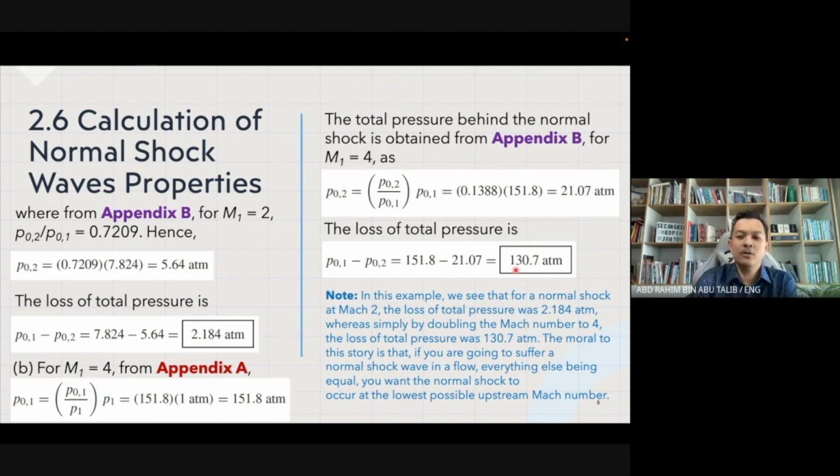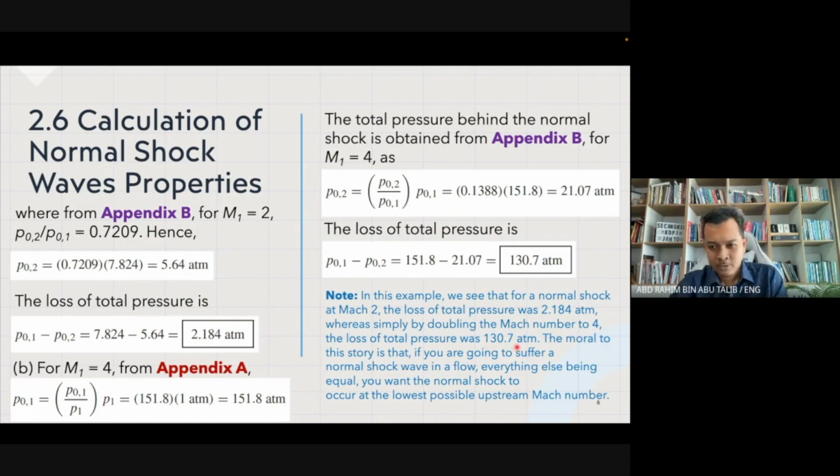A note being given here: in this example, for a normal shock wave at Mach 2, the loss of total pressure was only 2.184 atm, whereas simply doubling the Mach number from 2 to 4, the total loss of pressure was 130.7 atm.